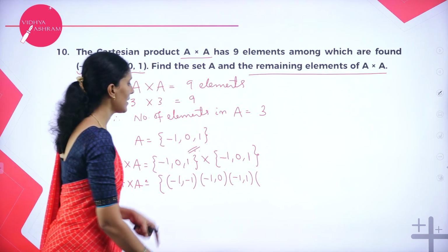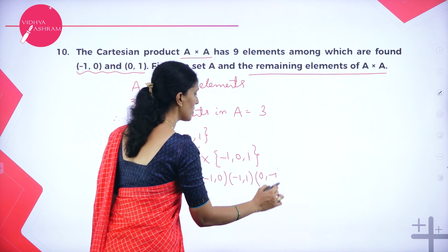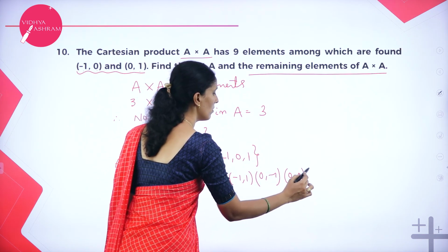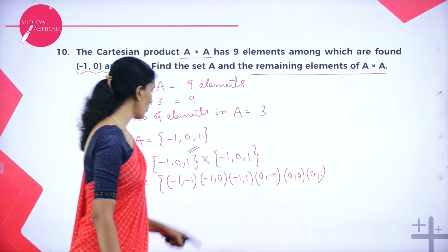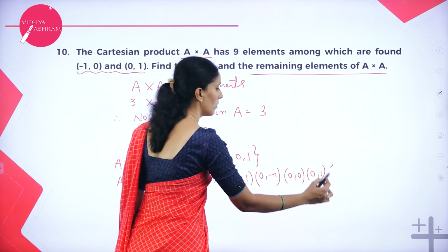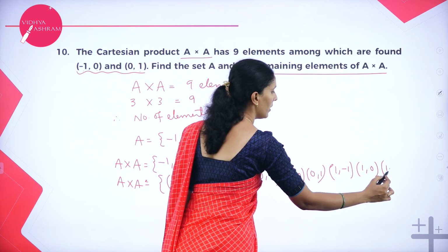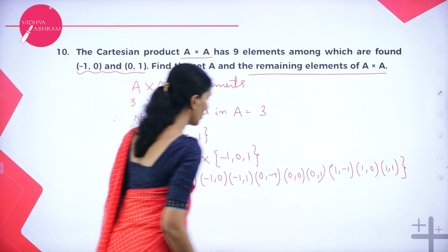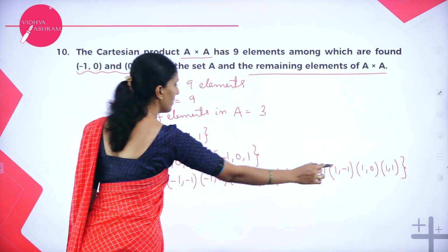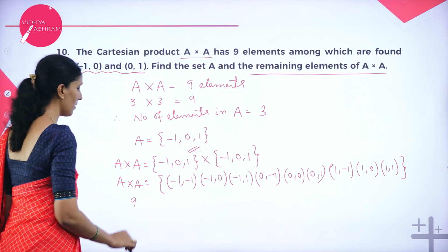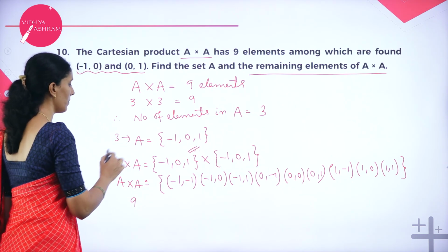Next we will pair with 0: (0, -1), (0, 0), (0, 1). Next we will pair with 1: (1, -1), (1, 0), (1, 1). So you can see you have 9 elements here. A has 3 elements.